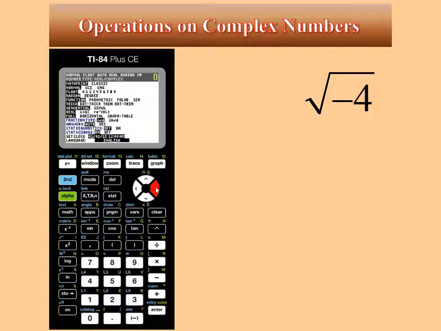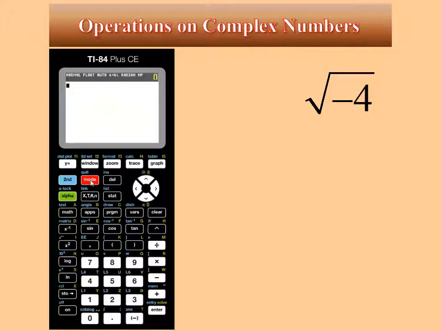If we go down and over to the a plus bi and press enter, now our calculator is in complex mode. We can now do complex number operations. So if I do a square root of -4, my calculator knows that that's 2i.